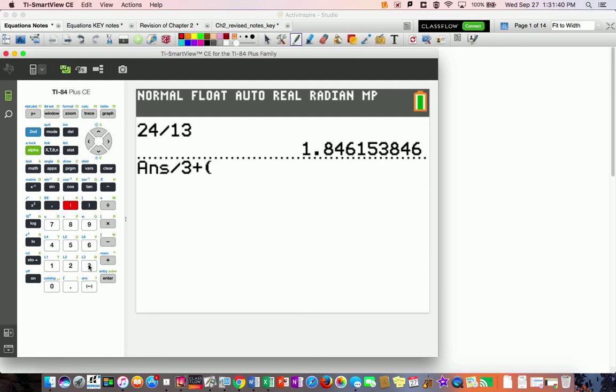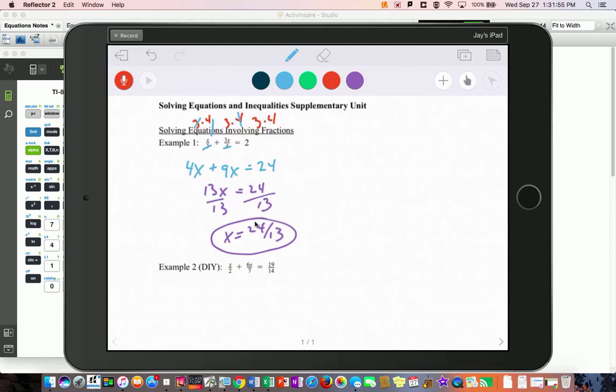So I'm going to go 3 times second negative, again, putting my last answer in. And I put that in parentheses so that I can divide it all by 4. And notice when I hit enter, I get the output of 2. So I put the answer back in for the x, and it equaled 2. So I feel good about my answer.